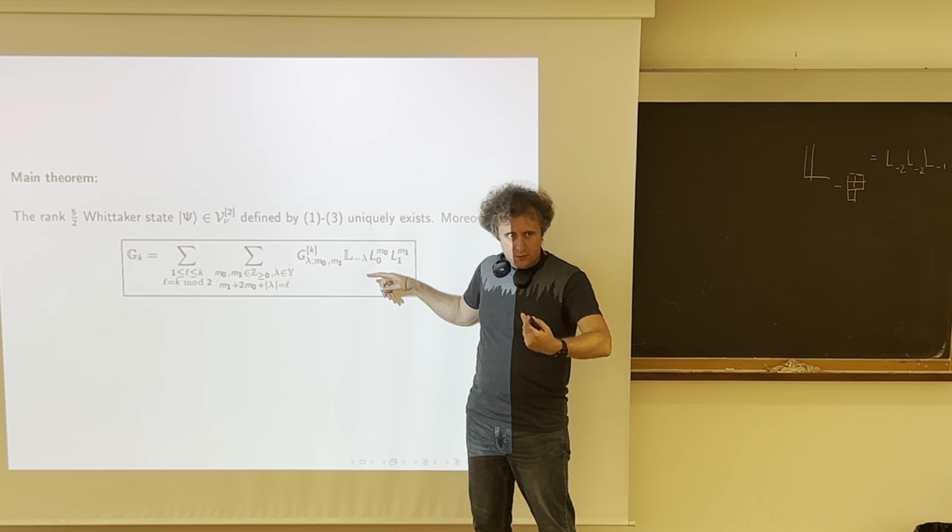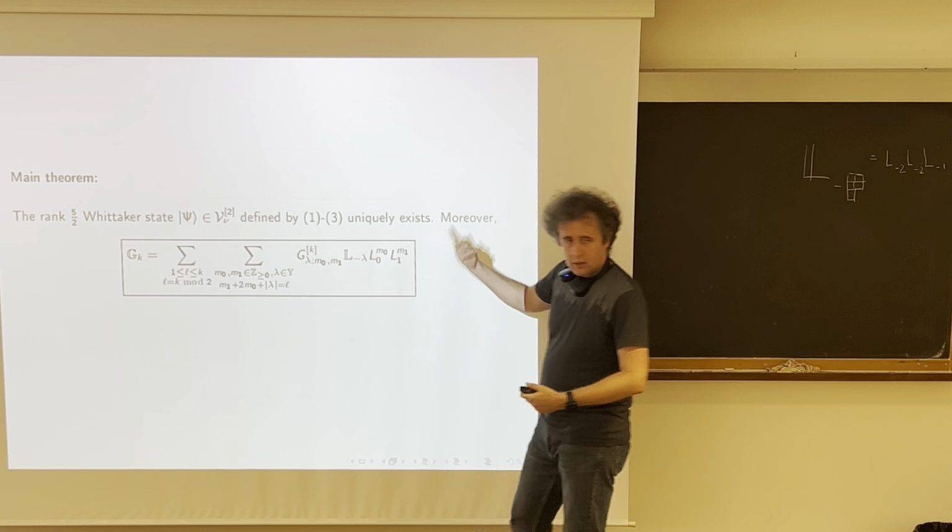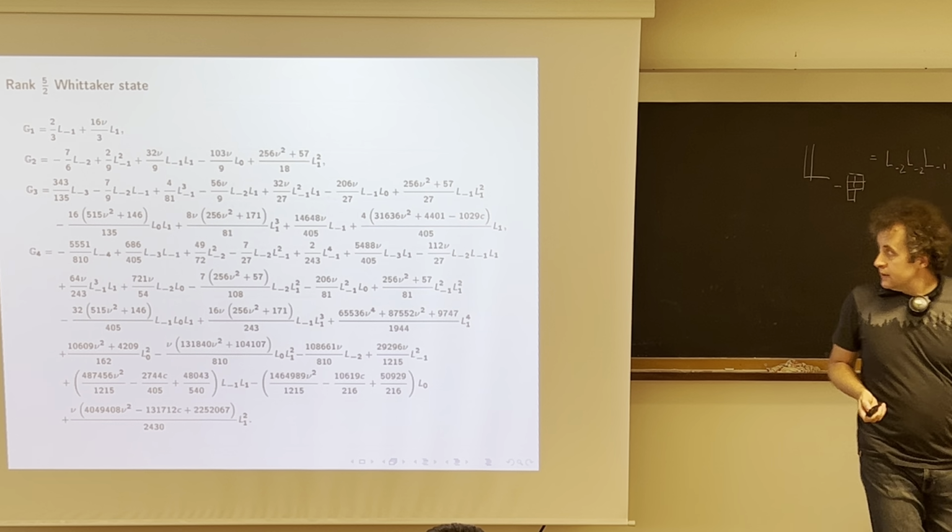So 5 different monomials, and so on. I have absolutely no time to say anything about the proof. Both parts, the existence and uniqueness, require some hard work. But once you have proved them, these guys can be very easily computed.